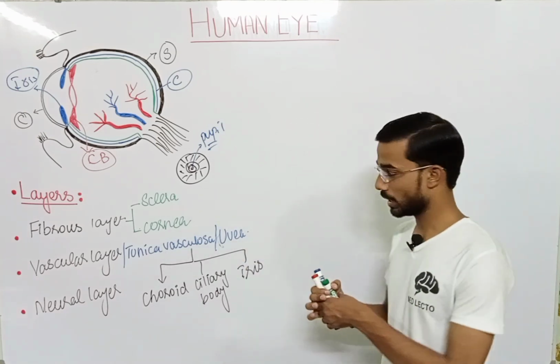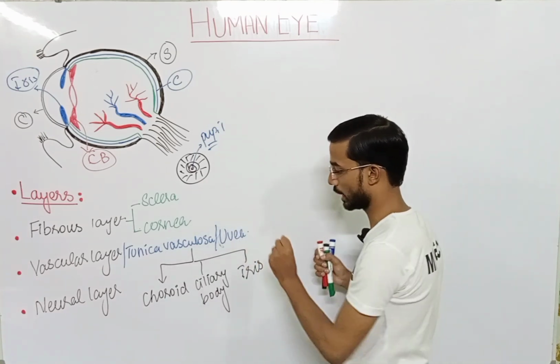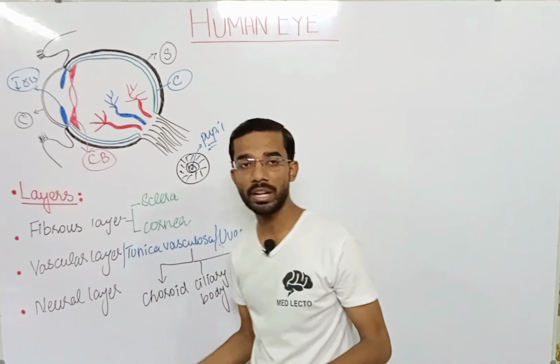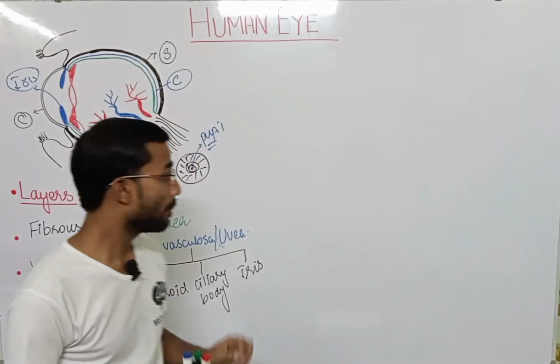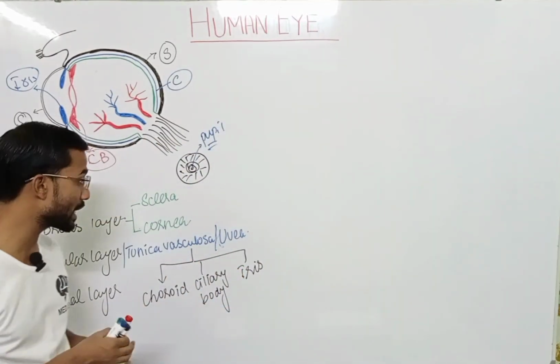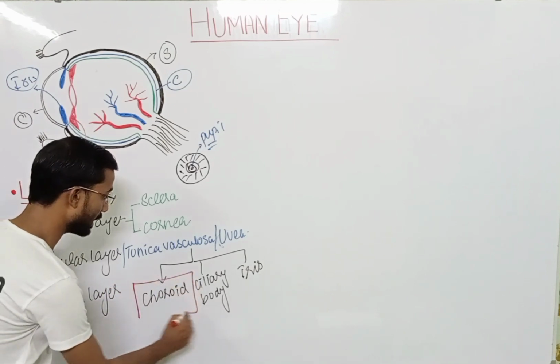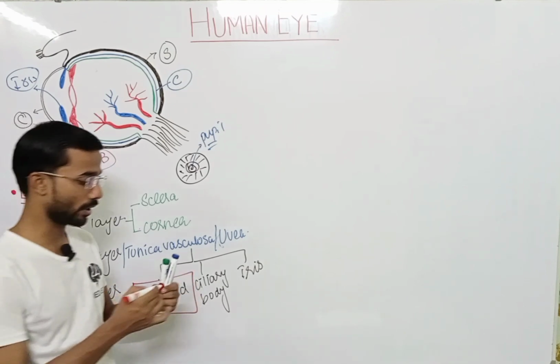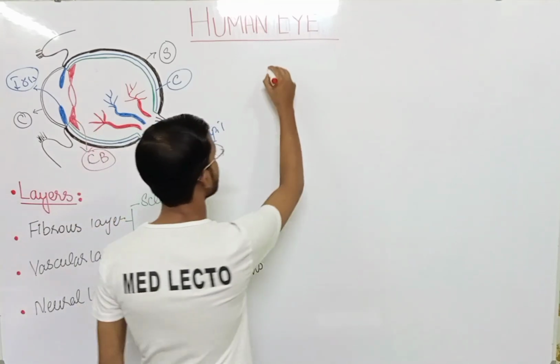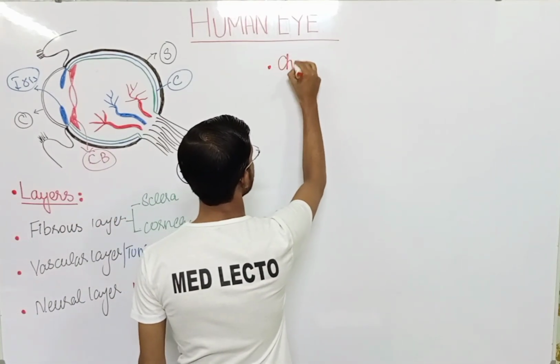So here are the basic structures of the iris. The last is the neural layer, or retinal layer. But in this lecture, we will just focus on the first component of the second layer, that is the choroid, and discuss it in detail.